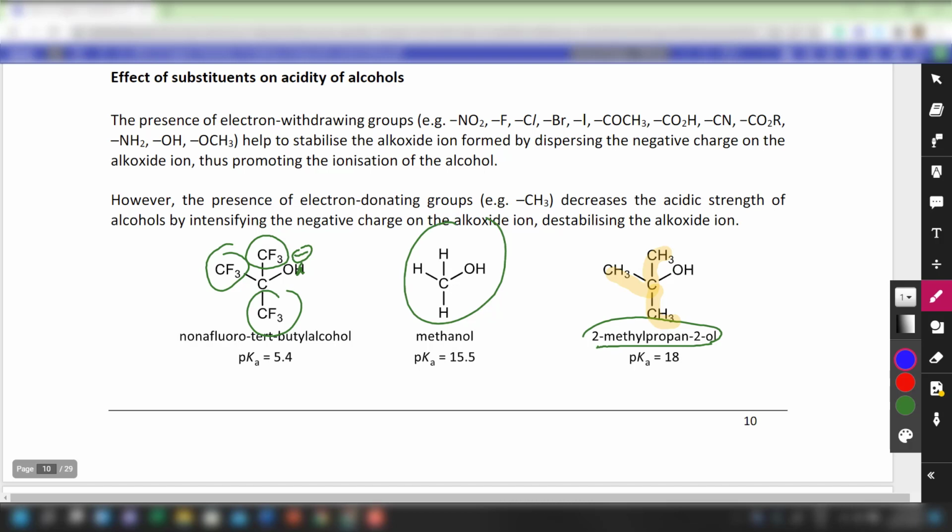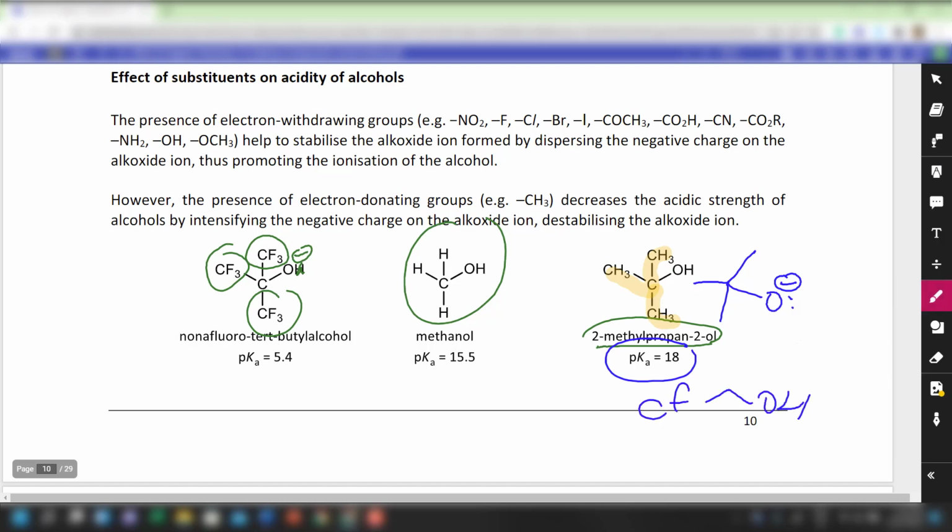When this loses an H+, we get the tertiary butoxide anion. The tertiary butoxide anion will form less extensive hydrogen bonds with the corresponding alcohols in the medium. Because of that, the O⁻ is more available to coordinate back the H+. So this makes it a weaker acid as compared to say ethanol.